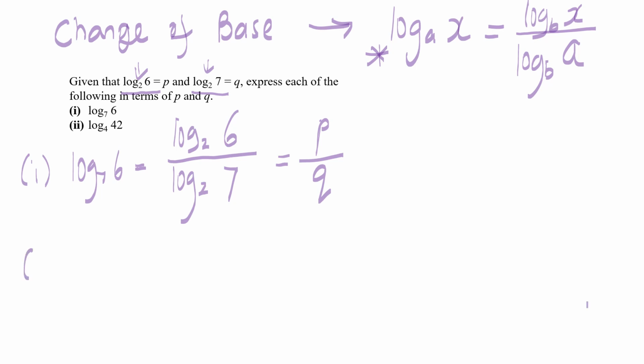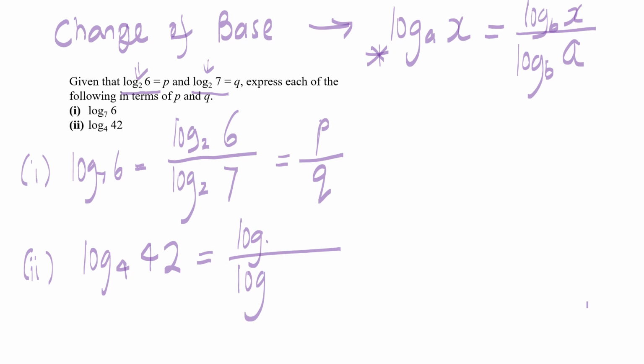Alright, let's look at part 2. Log 4 of 42. So again, change it to log base 2. This question here is a bit tricky. Why a bit tricky? Because you're only given log base 2 of 6 and log base 2 of 7. You're not given log base 2 of 42, right? So what are you going to do?